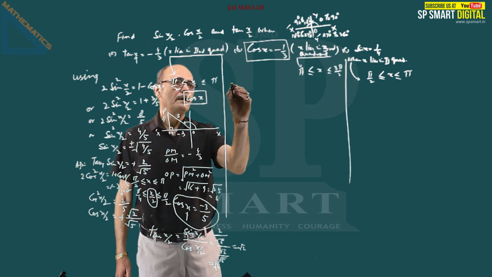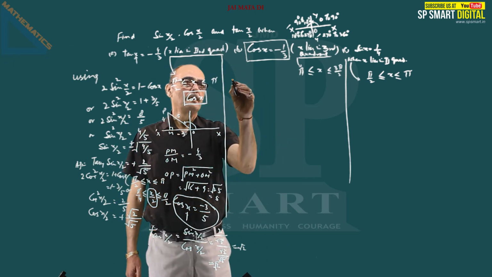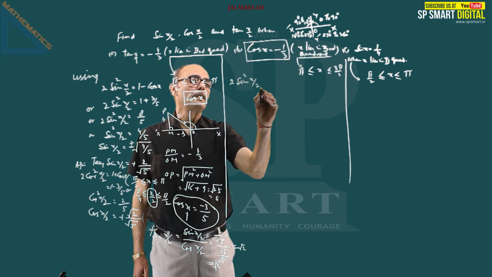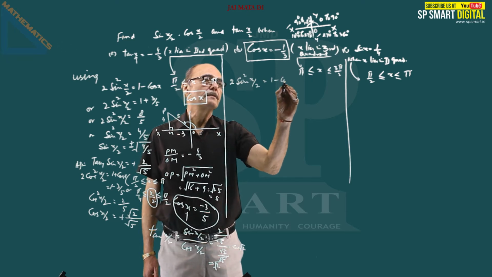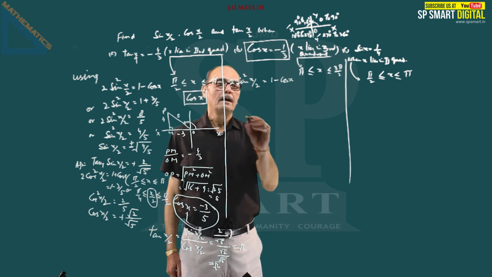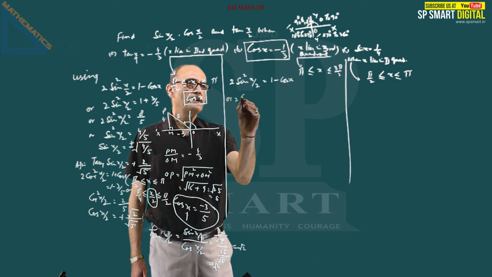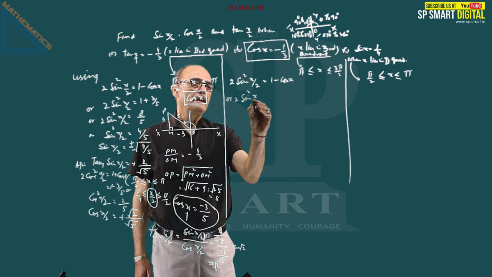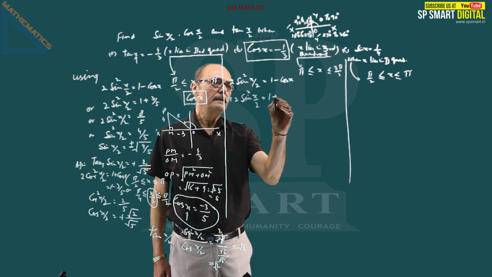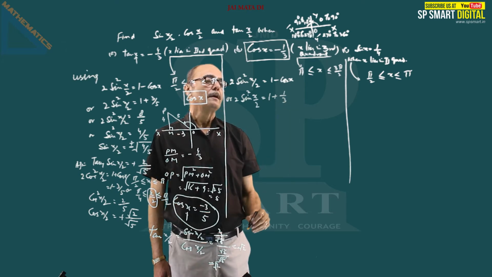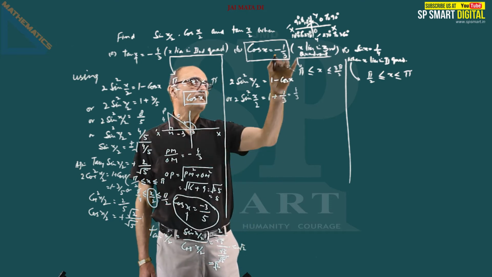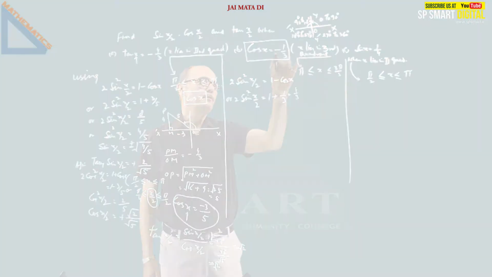Let us find out sin x by 2 first. 2 sin square x by 2 equal to 1 minus cos of x, or 2 sin square x by 2 is 1 plus 1 by 3, or this comes out to be 4 by 3. Cos x is minus 1 by 3. Minus and minus will be plus.